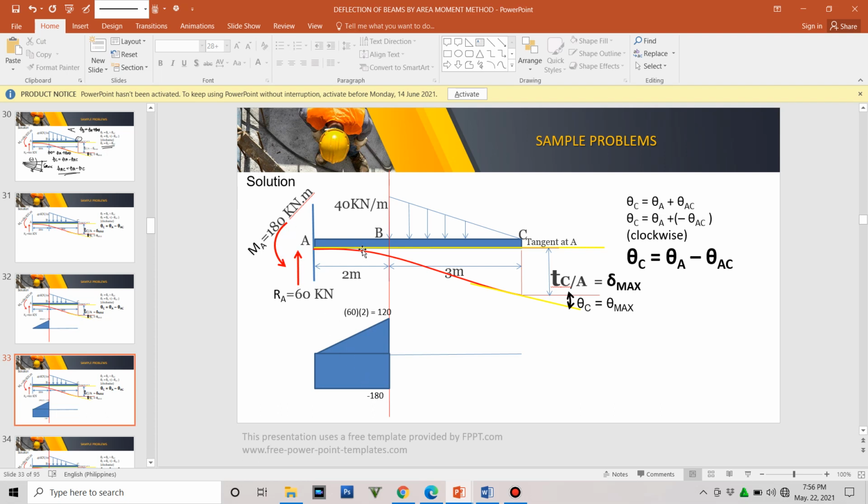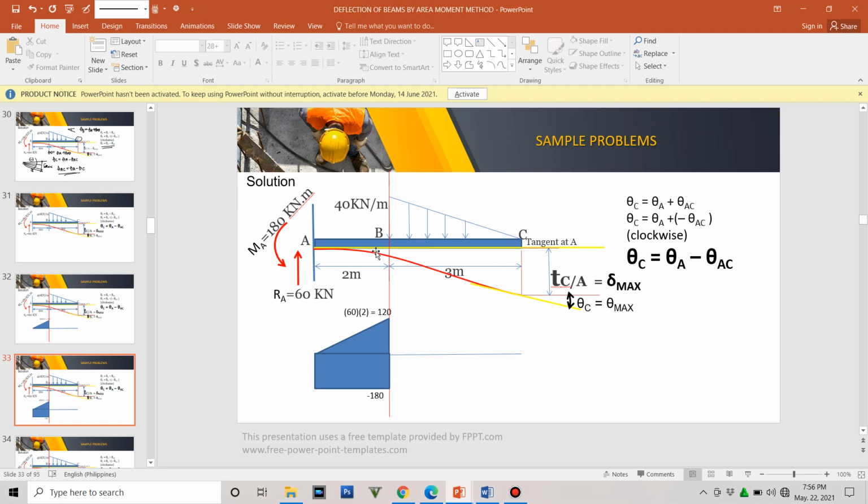Pero ito negative because it will cause a fiber going down for the beam if this is locked on B. Okay. So, tapos na tayo sa left portion. By the way, itong 180, do not extend it here, no? Mata-terminate lang siya doon sa portion, kasi yung 180, sa portion lang na left yan. So, wag mo nang extend dito.